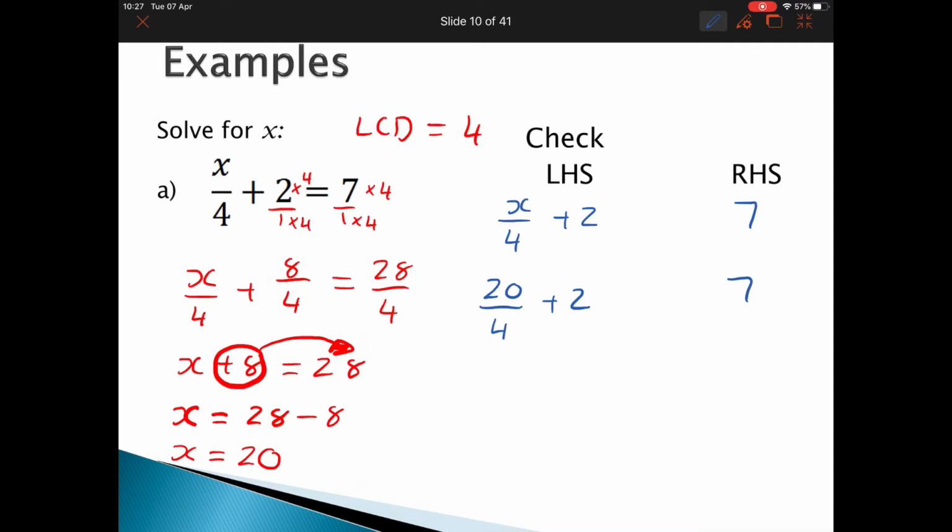Now 20 over 4, hopefully you can do this in your heads, is 20 divided by 4, which gives me 5. And 5 plus 2 is 7 as well. So therefore we have left hand side equaling right hand side. So x equals 20 is my final completed answer.